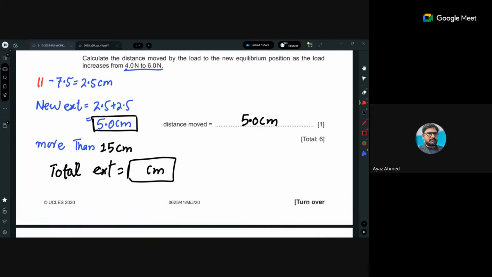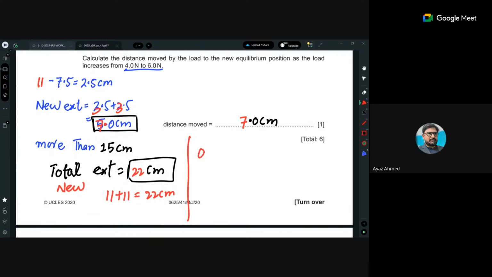So it is basically 3.5, 3.5, that is 7.0. So it is extended by 7.0, meaning it will move 7.0 centimeter down. But the easy way to handle that is: what is the new total extension? Total new extension is 11 for one, so 11 plus 11 becomes 22 centimeter.